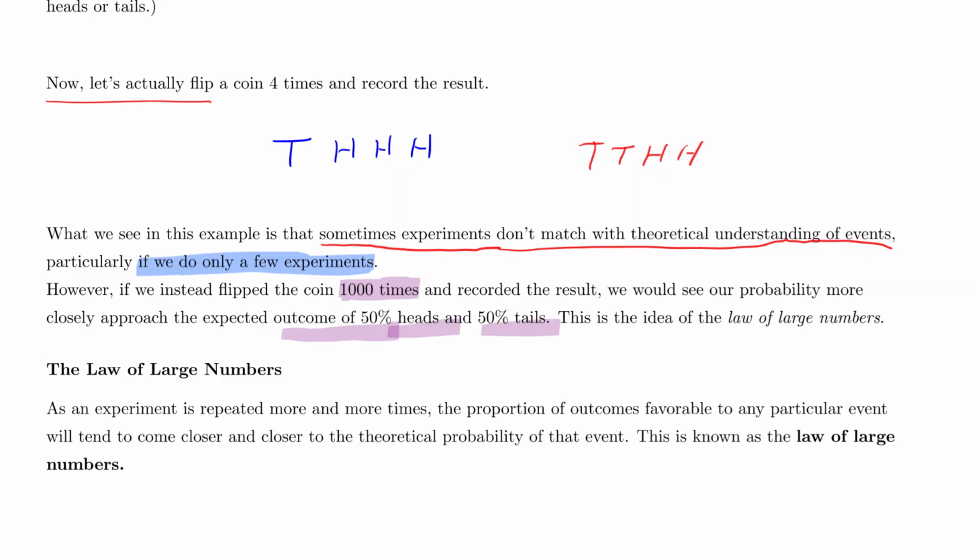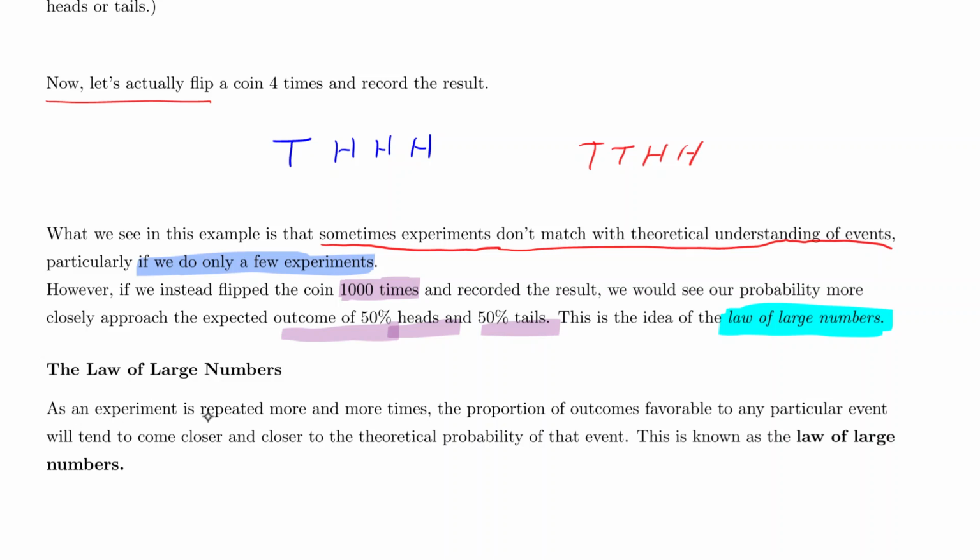This is the idea of the law of large numbers. The more experiments we run, the closer the experimental probability gets to the theoretical probability.